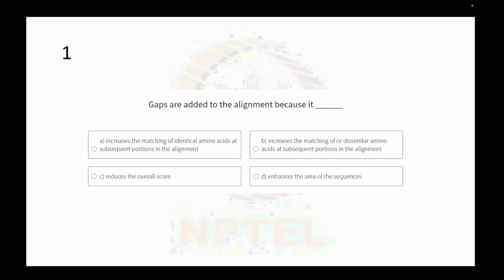In other terms, gaps may also be termed as insertions or deletions in a given sequence. So the gaps have been introduced so that we have high matching of identical amino acids, or high matching of dissimilar amino acids, or to reduce the overall score, or to enhance the area of the sequence.